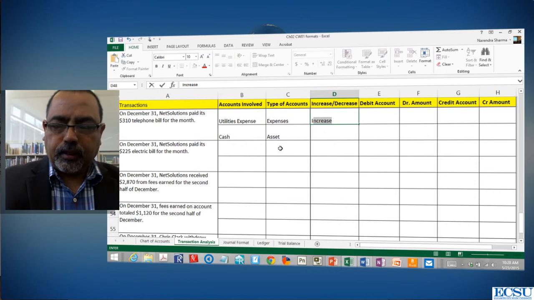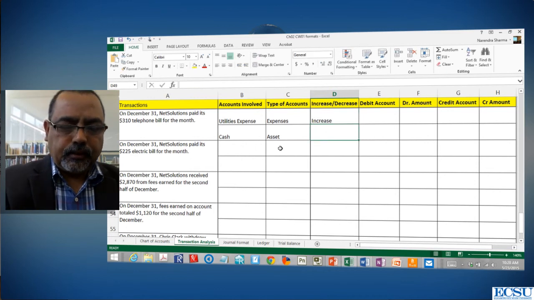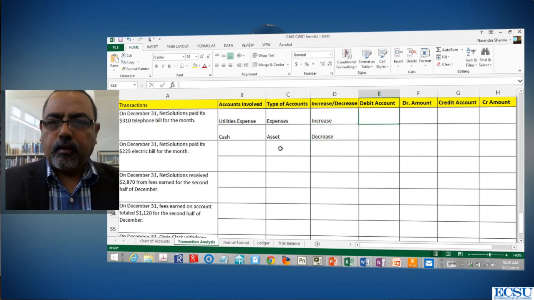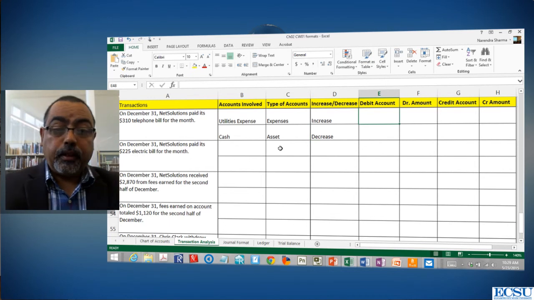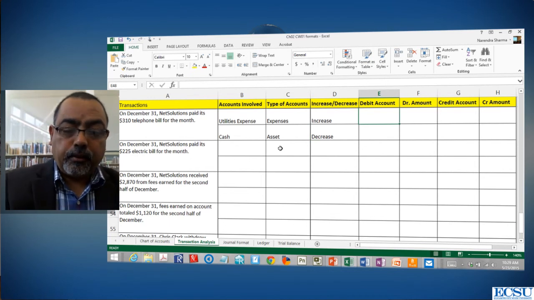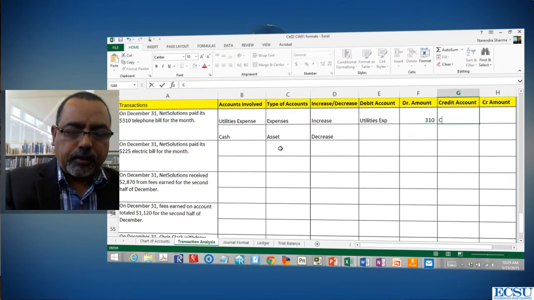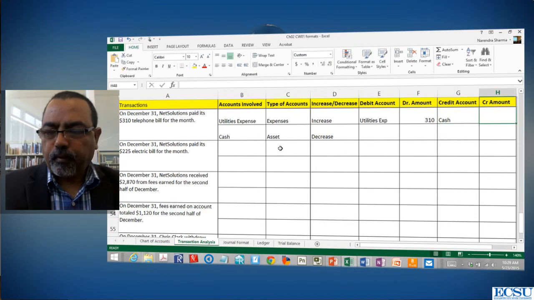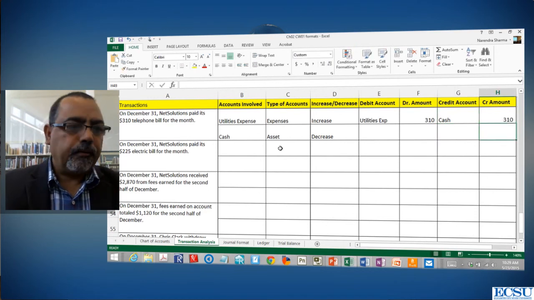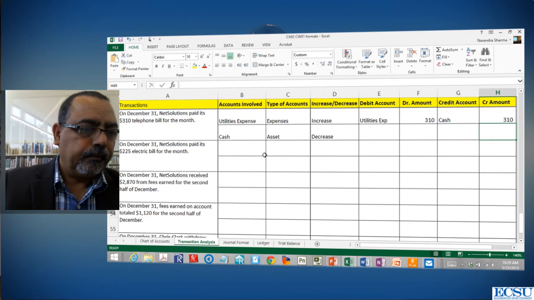Expense is increasing and cash is decreasing. So your debit account will be utilities expense, and the amount is going to be 310, and cash would be credit 310. Okay, so that is how you will handle the utilities expense part.